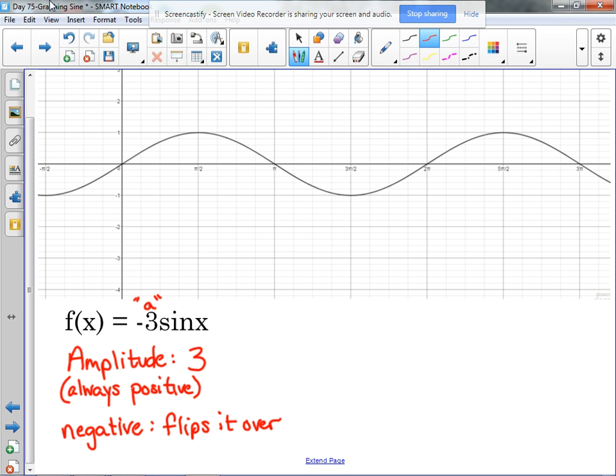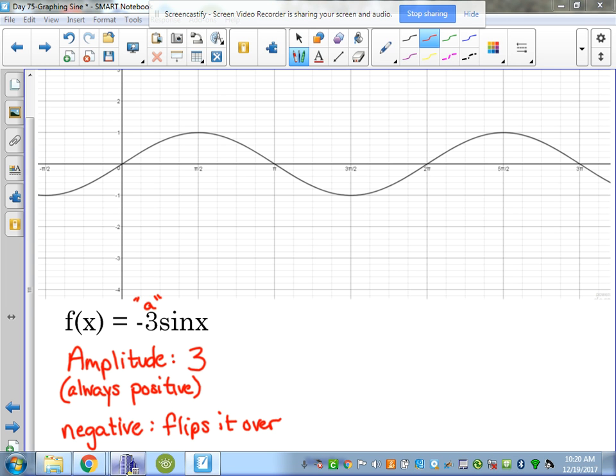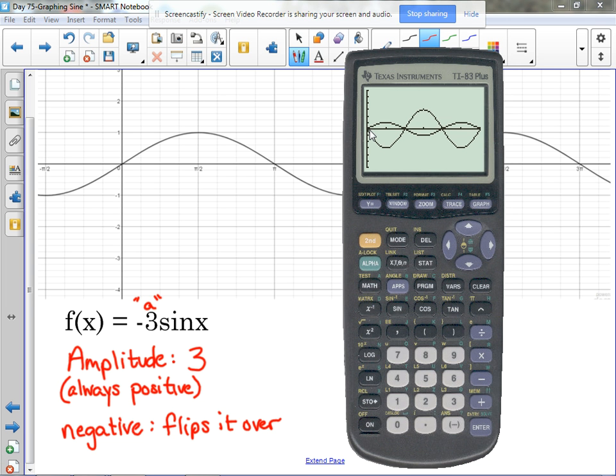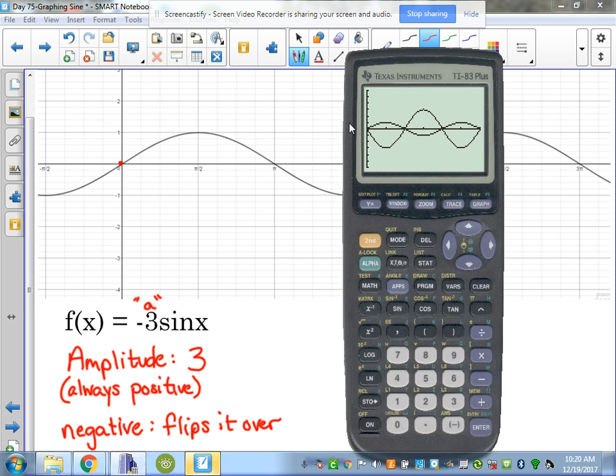So we're still starting in the same place. If we look at the graph, we still start there at the origin. Nothing changes there. But at pi over 2, where we should be hitting our maximum, now we're going to hit our minimum, and it's even lower. It's at -3 instead of -1. At pi, we still cross the x-axis.